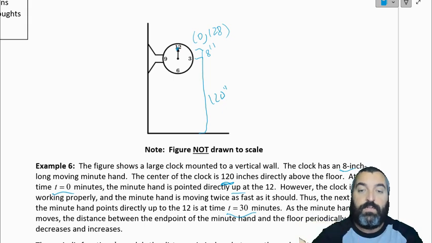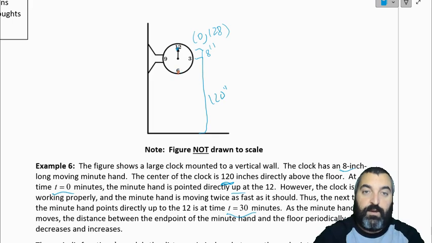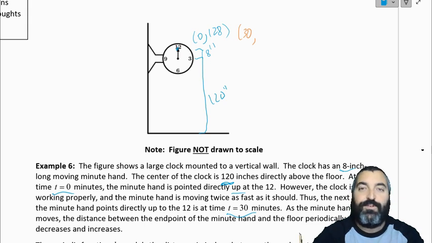Then they tell us that this clock is moving really quick, so the next time it hits this point, it's back at 30 seconds. 30 minutes. Man, I'm doing good with my units.